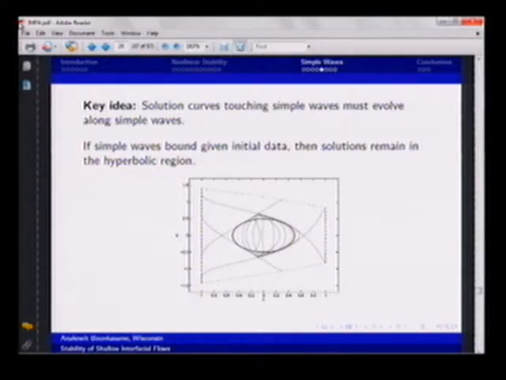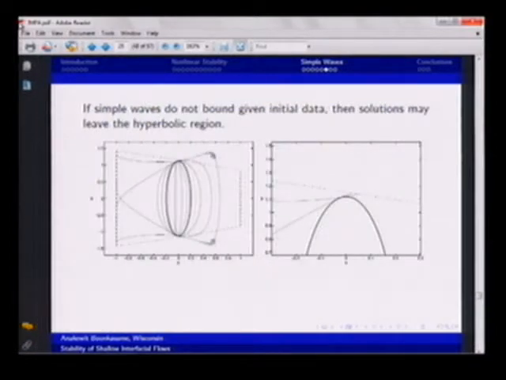Okay. On the other hand, if you cannot bound your initial data with simple waves, then the solution may leave the hyperbolic region. And that's what happened here. I have this initial data, and I cannot bound it with simple waves. So I show you an enlargement of that part here. Okay, you get one simple wave like this, and another simple wave like so, and you cannot bound initial data.